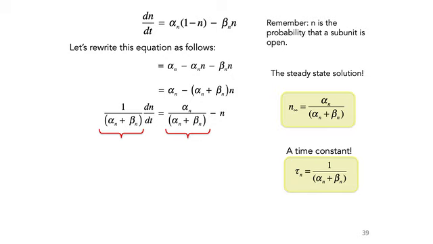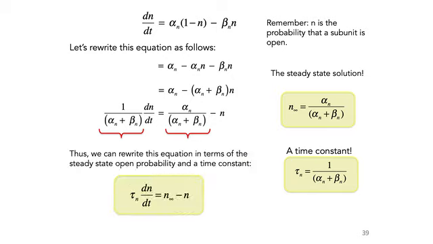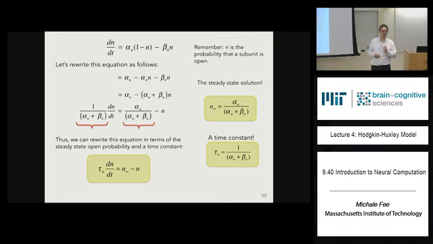Okay? So after all of this, what we end up with is a first-order linear differential equation, exactly the same form as the equation we used to understand the way the voltage changes in a cell in response to current injection.